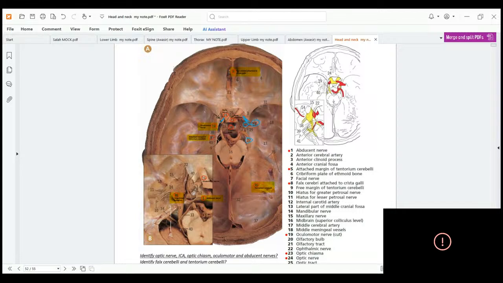My camera is off, how can you see? Stigma is to attach, crista again.